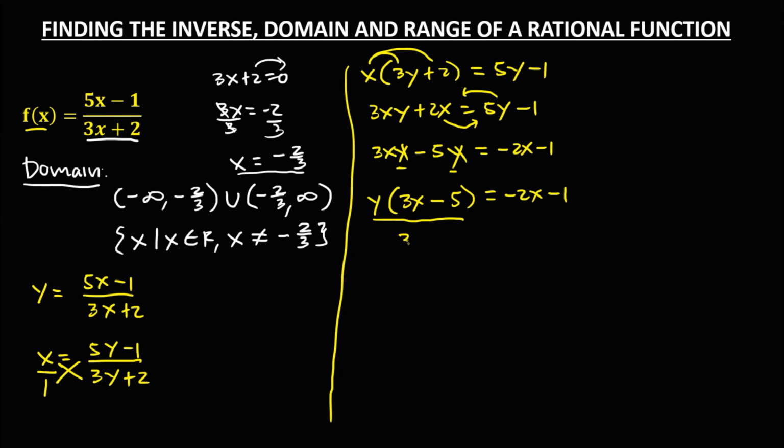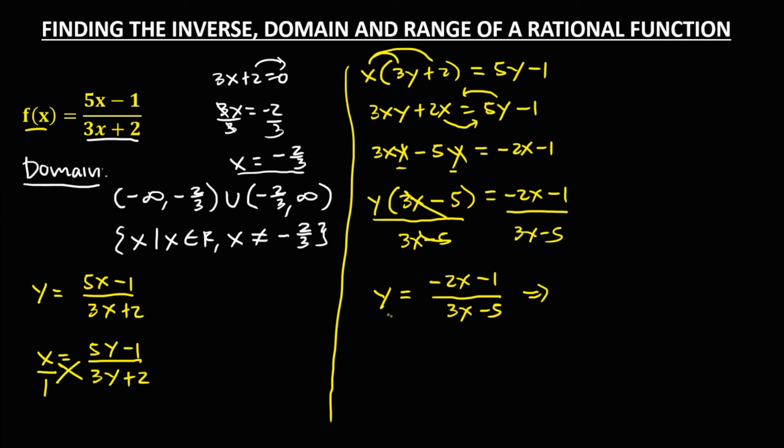Then divide both sides by 3x minus 5. So therefore y is equal to negative 2x minus 1 over 3x minus 5.